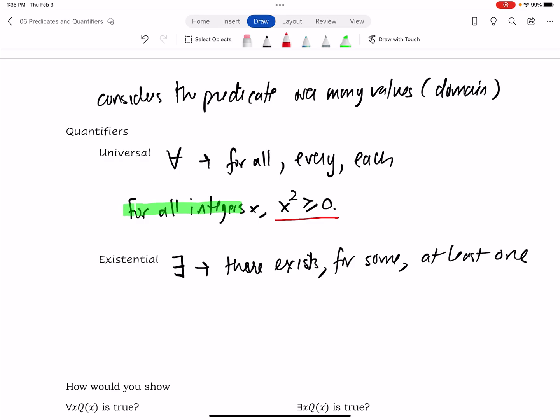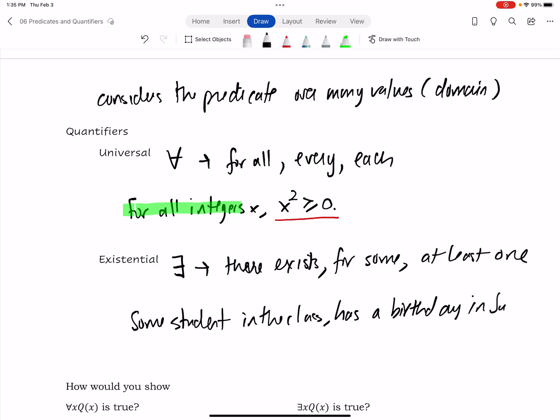In the second example, I could say some student in the class has a birthday in July. My predicate is a student has a birthday in July, and my quantifier is "some."